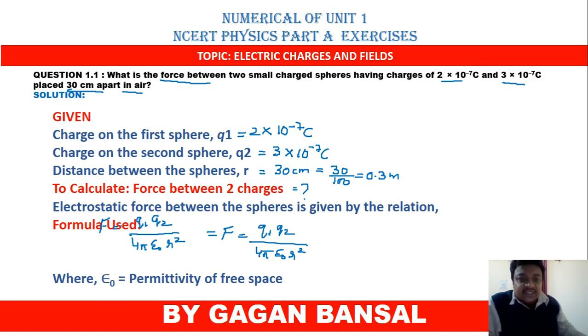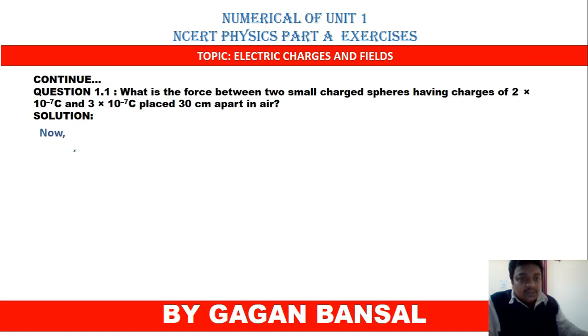Okay, so Q1 is given to us, Q2 is given to us, and r is given to us. Also, now we know that 1 upon 4 pi epsilon naught is a constant, and its value is 9 into 10 raised to the power 9 Newton meter square per coulomb square.